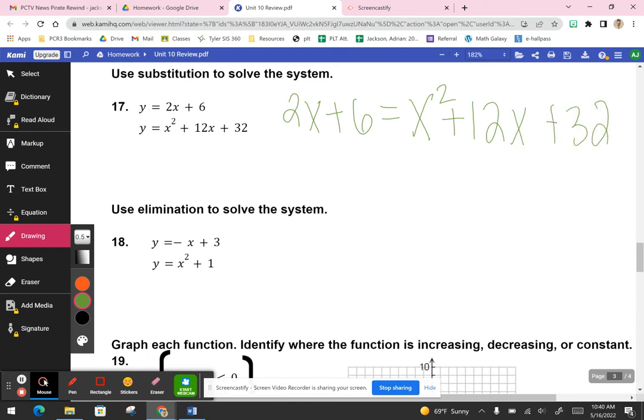So first get it set equal to 0, and then you're going to factor. Remember, factoring is that x in the box. And then for these ones, don't forget if you have a greatest common factor to take that out as well.